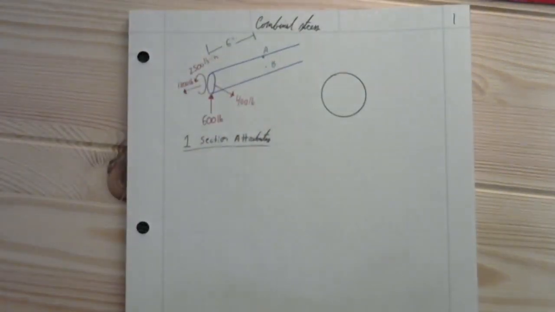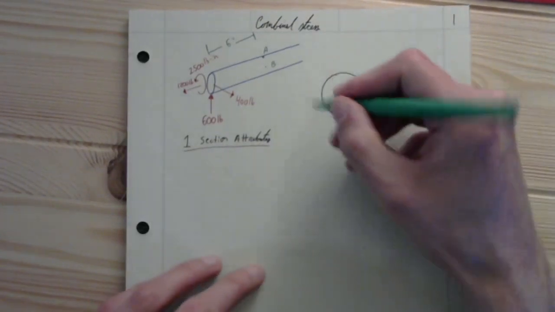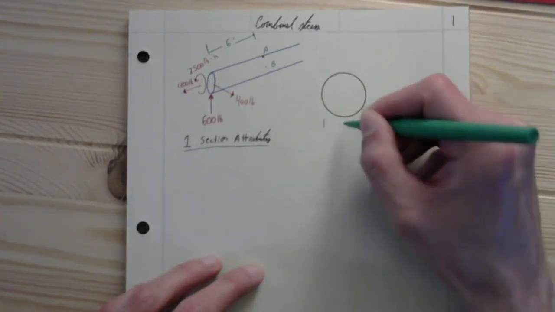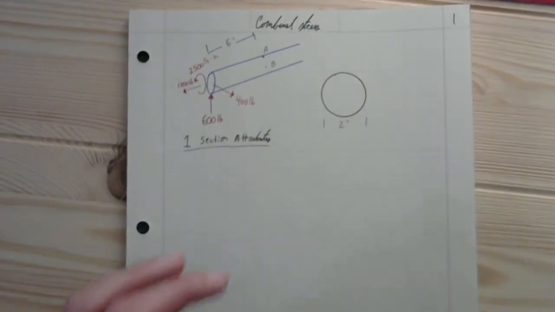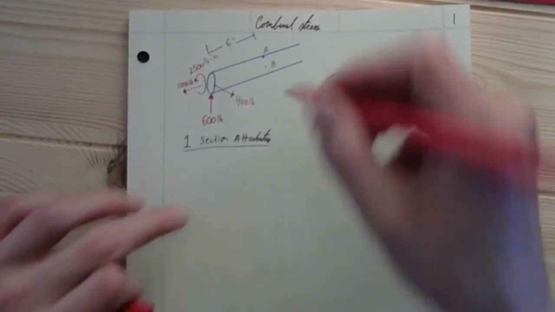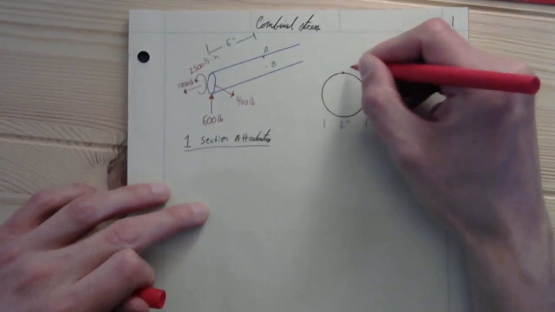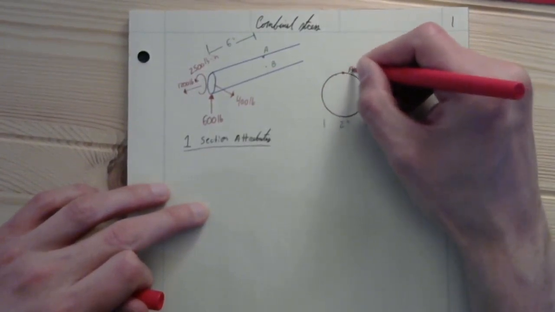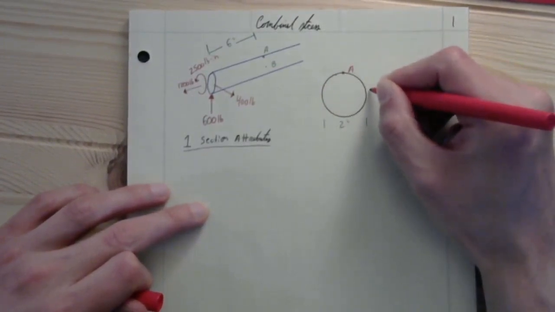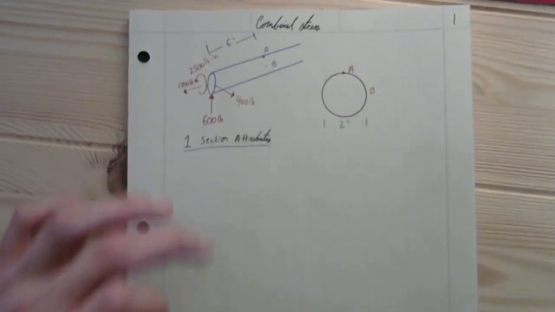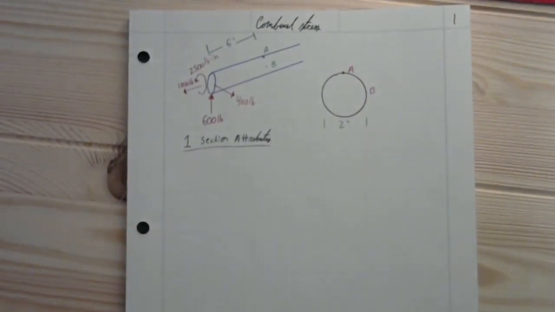Let's specify it's 2-inch diameter, but also clarify that right here is point A at the top, and right here is point B.